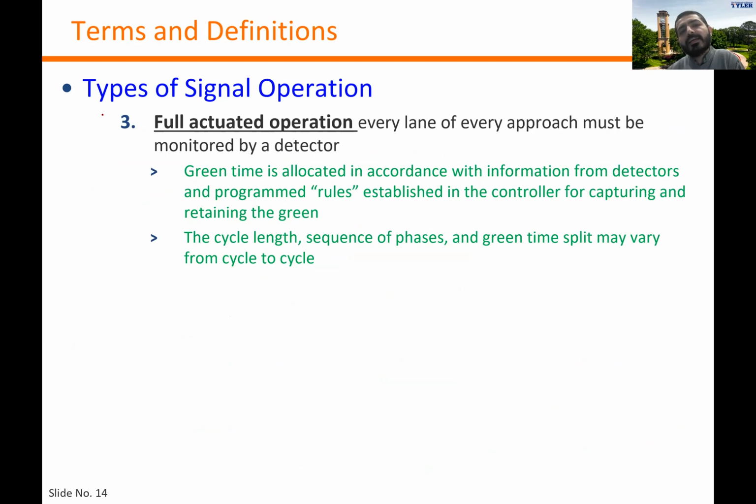While the fully actuated operation, this is now if two major streets are intersecting each other. Let's say here in the city of Charlotte, we have the Loop 323 and Broadway. These are two major streets. We can't really predict which one is really more major or which one has more traffic, and therefore we have actuators on both directions.